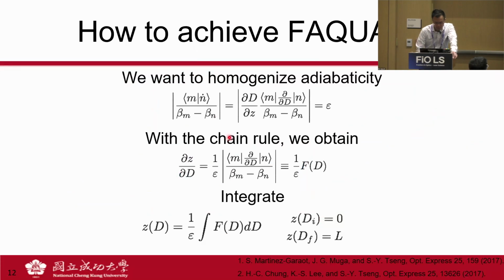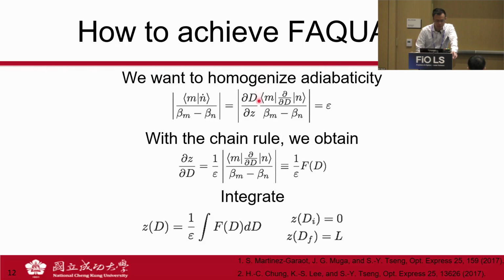So with that, how do we actually calculate the Farquhar protocol? If we go back to the definition of the adiabaticity parameter again, we can use the chain rule to take out this D, which is the only device parameter in our design. And in order to obtain this term on the right, we can assume a linear taper function in the design.